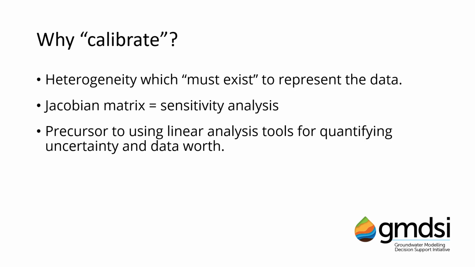So you may be asking why we should care about obtaining this unique parameter field, and why not go straight to sampling all the possible parameter sets which can fit the data, so as to characterize our prediction posterior probability distribution. And what does it actually matter to be there in the center of that probability distribution? Perhaps one of the most useful outcomes of calibration is actually to gain insight as part of the model development process, as it allows us to see the parameter heterogeneity which must exist to explain the data that we have.